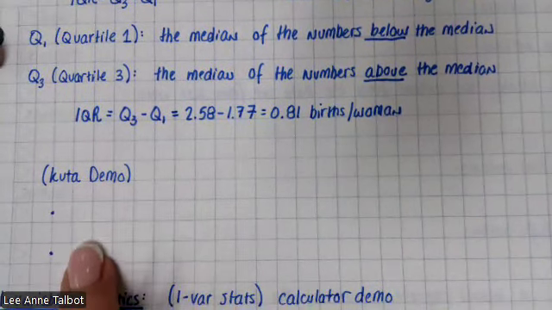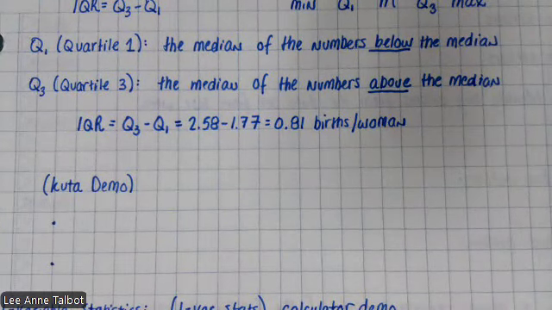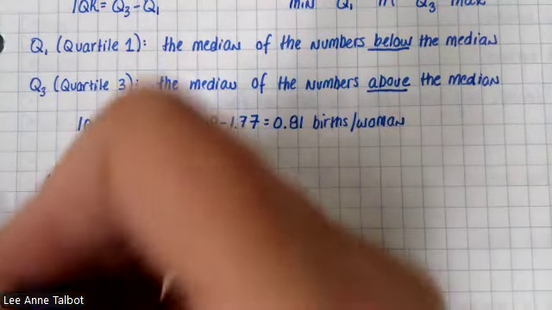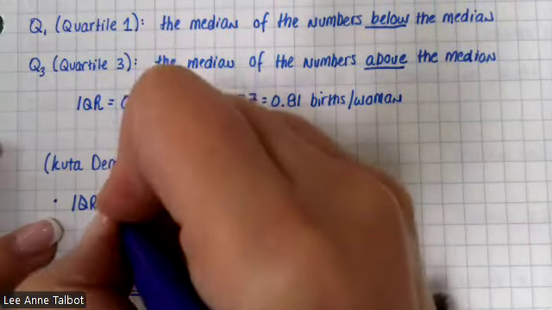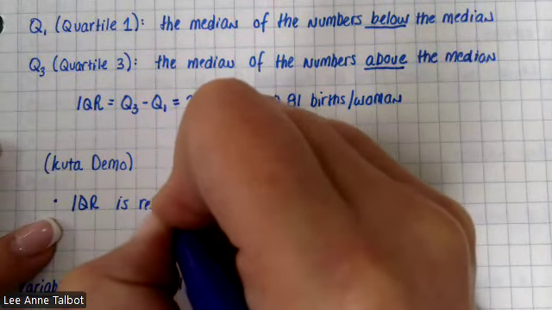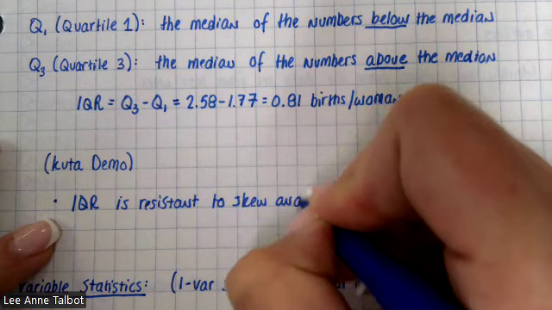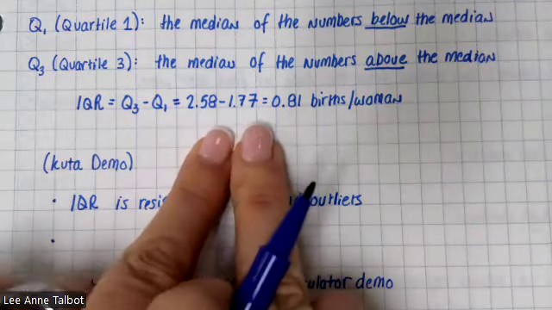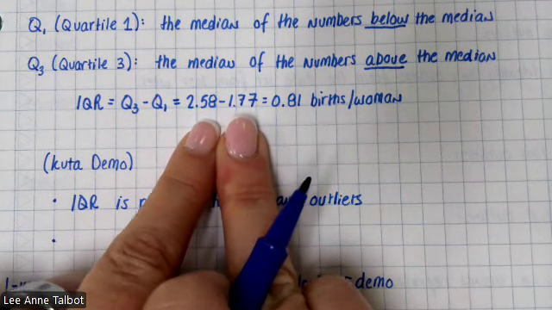Okay, we're going to write 2 notes here. This will be the end of anything that you need to write. And then I'm going to show you very quickly how to find the median and the quartiles off of data sets with different values. But IQR is resistant to skew and outliers. That's because in my calculation, I did not use any numbers that were on the low extreme or the high extreme.